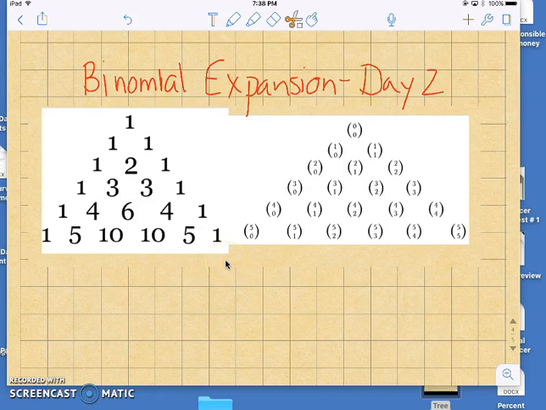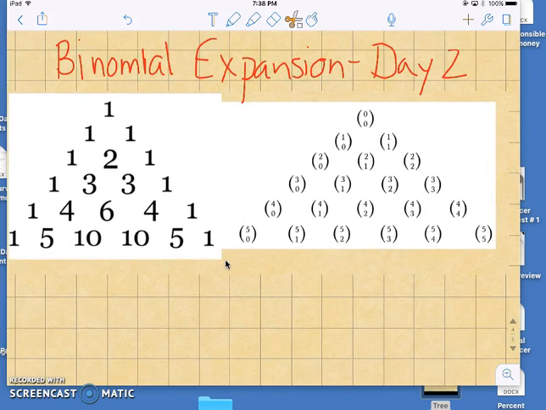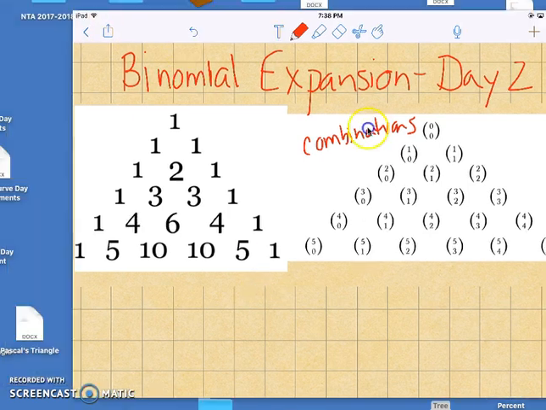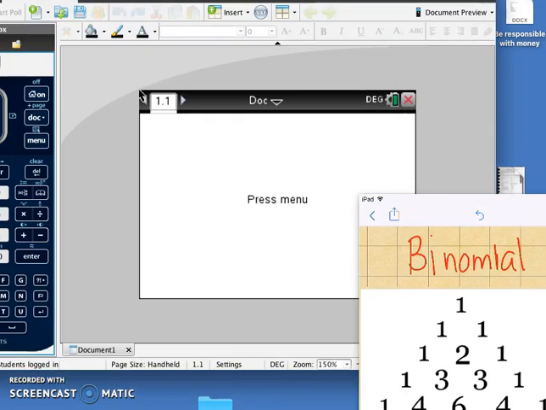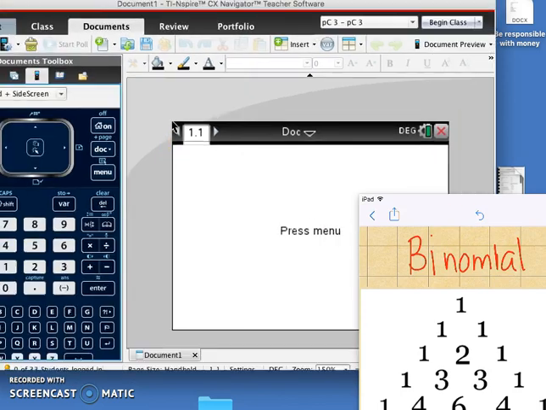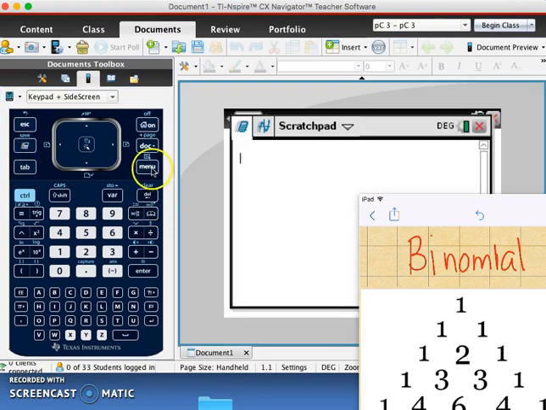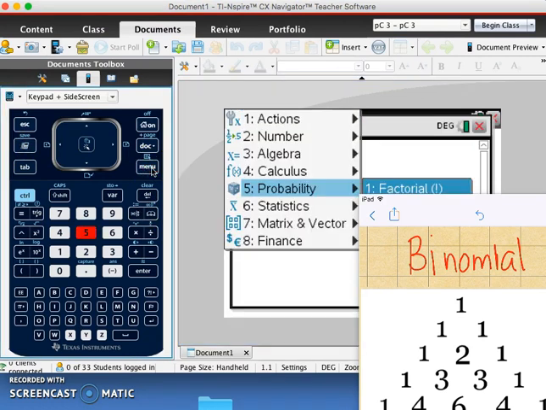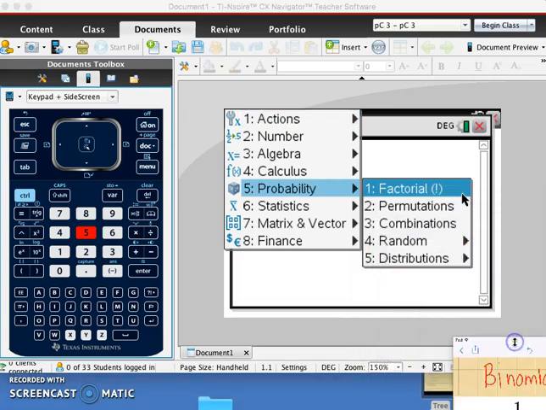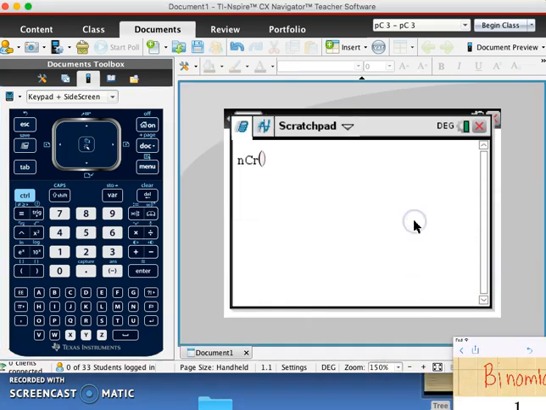We're going to take a look at one more day of binomial expansion. So again, we're going to compare Pascal's triangle with this other triangle, which is a way of writing combinations. On your calculator, the combination key is, if you hit menu, number 5 probability, combinations, and this comes up.